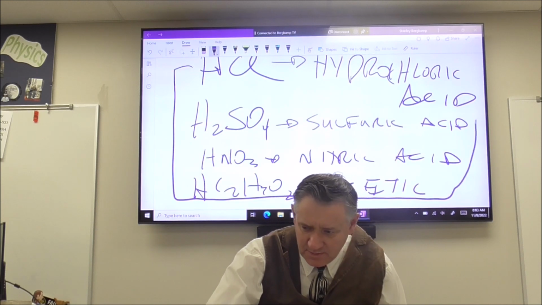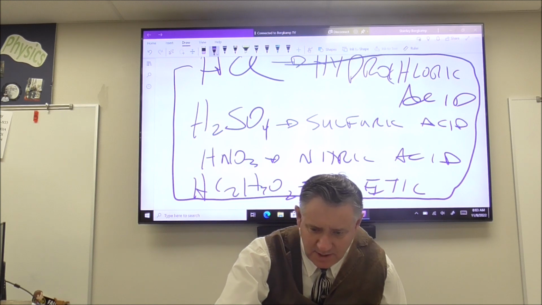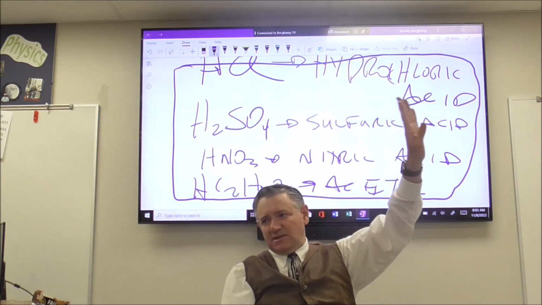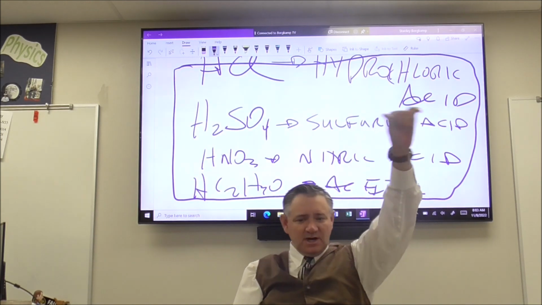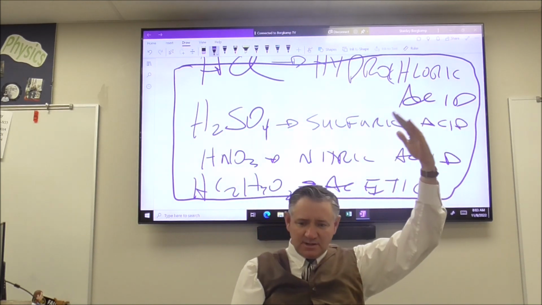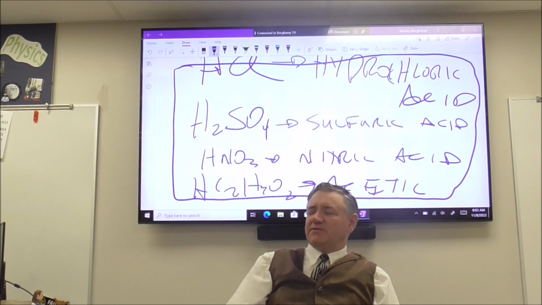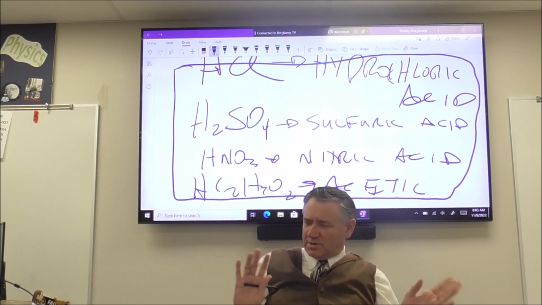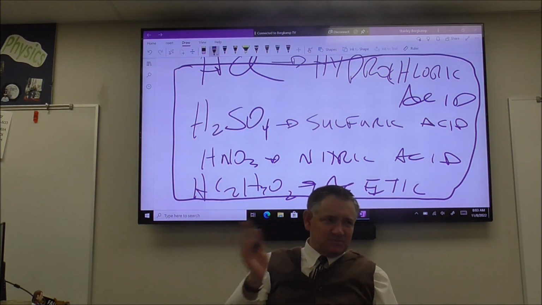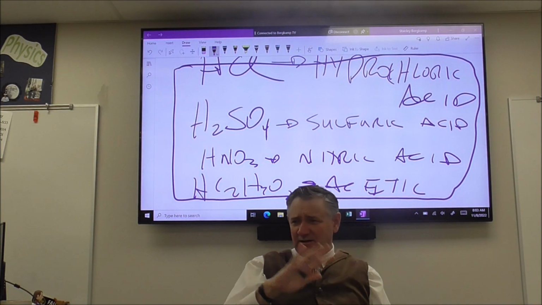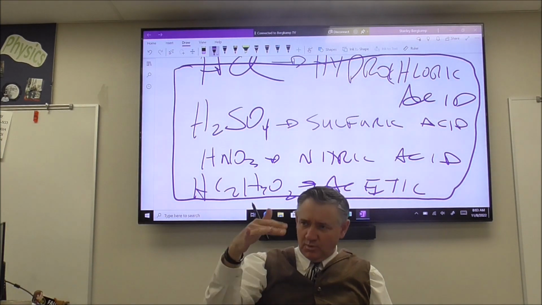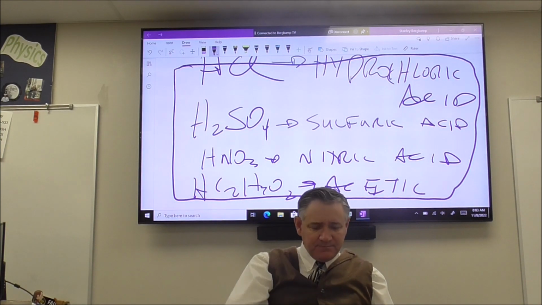If you go through the entire chemistry program at Hayes High School, those are the four that we use: hydrochloric, sulfuric, nitric, and acetic acid. Even in AP chemistry, sometimes we'll use something called oxalic acid, but it's really obscure and we don't use it that much. Those are the big ones you will use most often.